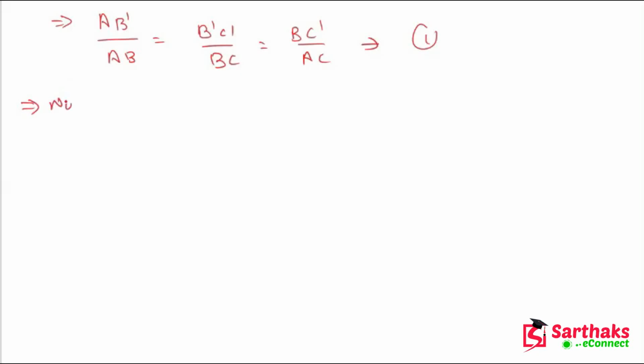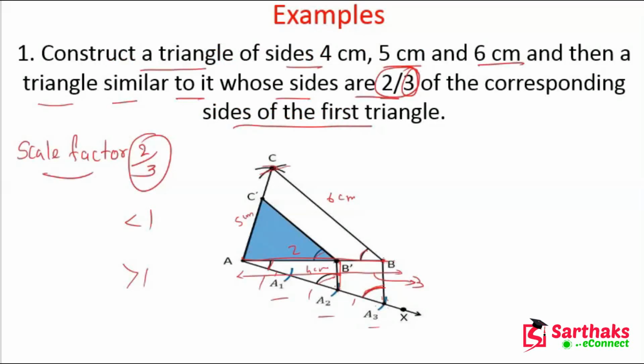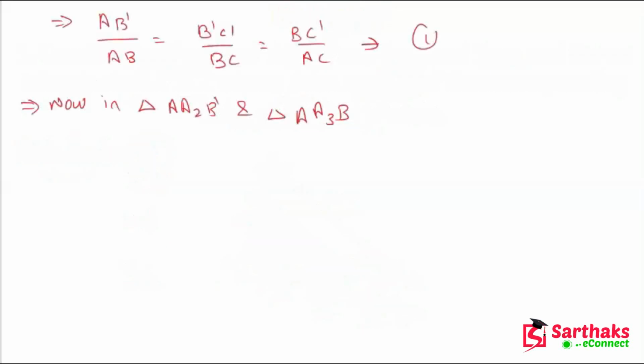Now in triangle A2B dash and triangle A3B, my dear friend, in these triangles we can write angle A2B dash is equal to angle A3B.